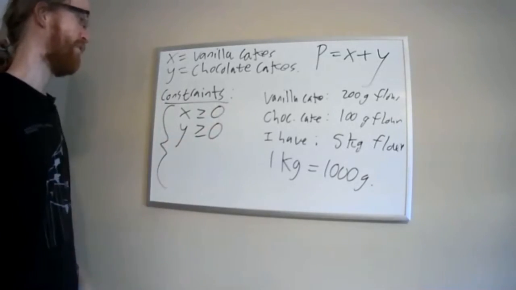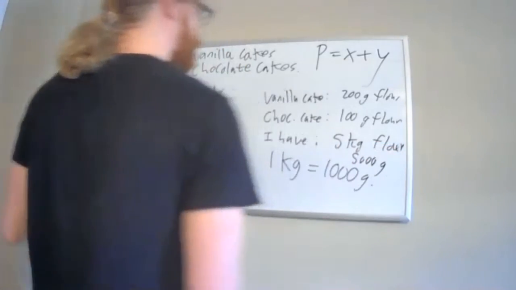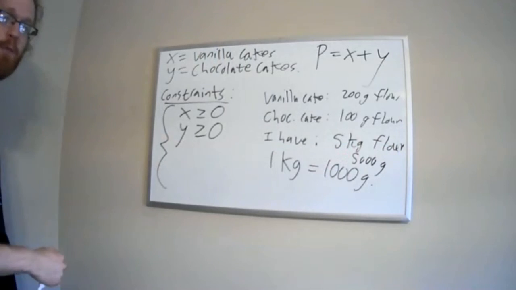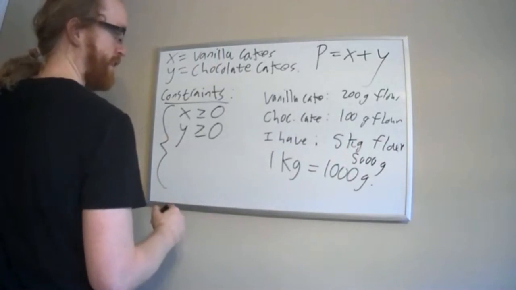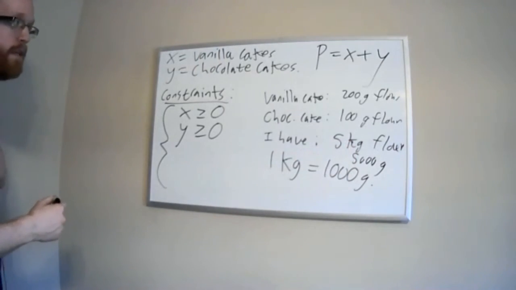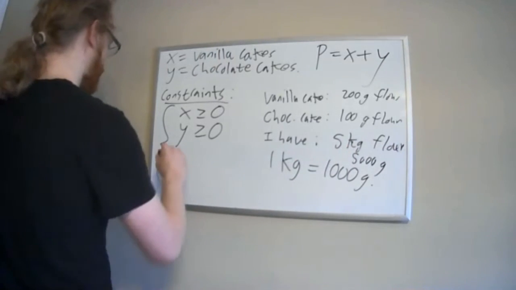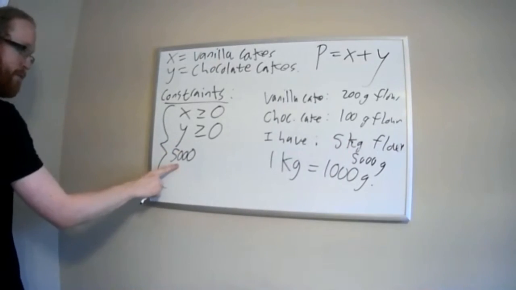So 5 kilograms is 5,000 grams. So when I write my inequality, I have to use the 5,000 instead of 5 because I want everything to be in grams. So that's something to keep your eye out for when you're doing these problems, is to make sure that your units all agree. That's one thing. So, okay, we've made our necessary conversion. So now let's make our constraint. So I'm limited by 5,000 grams of flour.